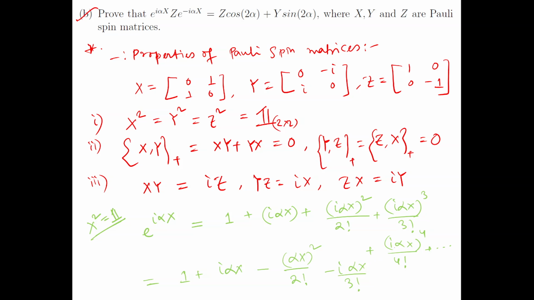Then again i to the power 4 is plus 1, so now you have alpha x to the power 4 over 4 factorial.